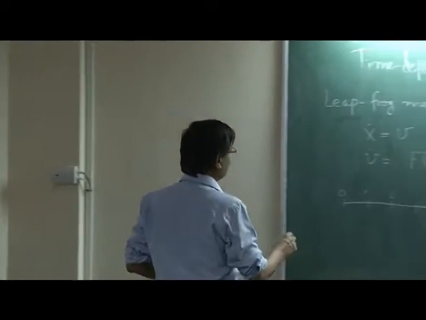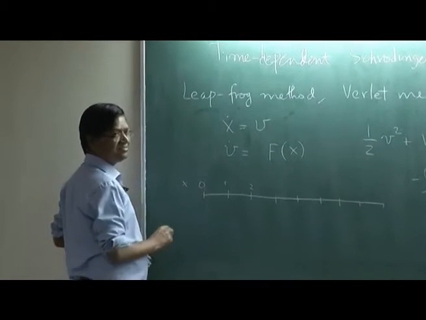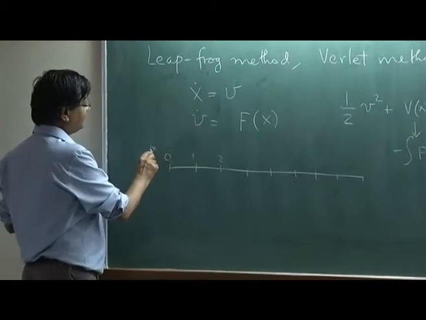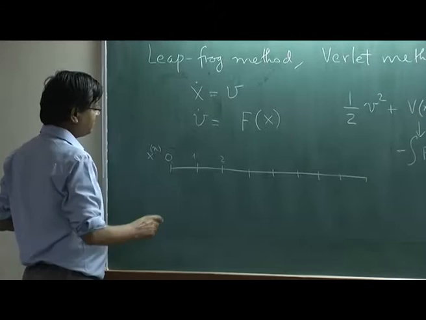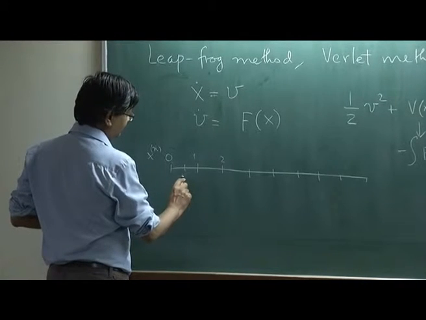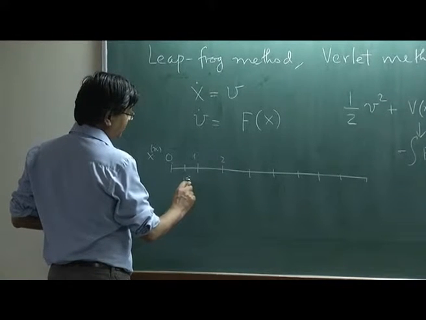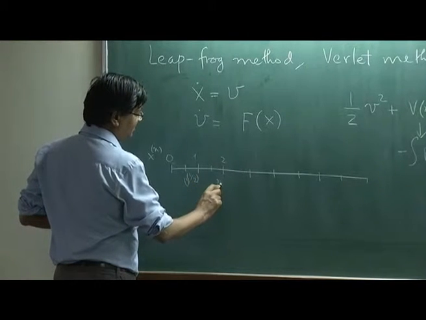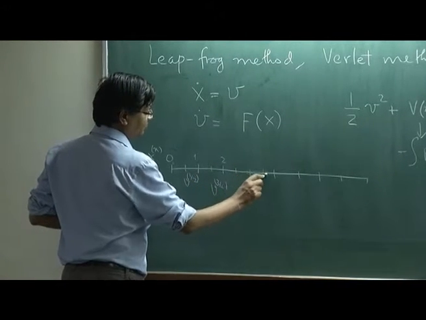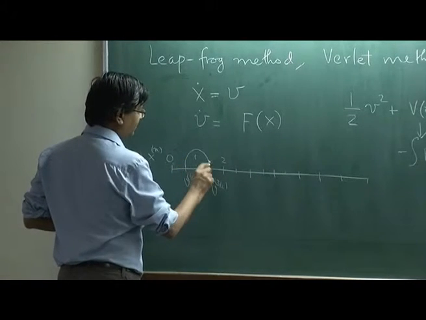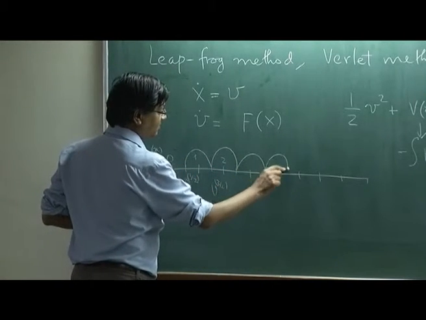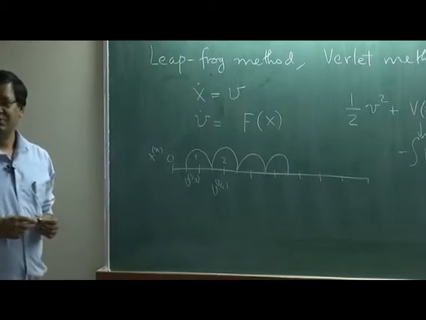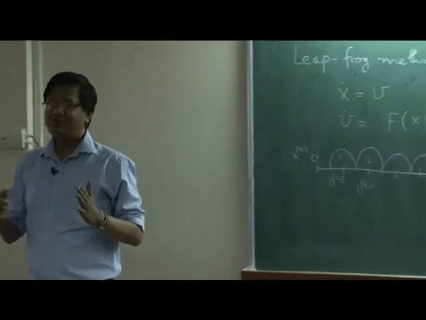So this is where I store x_n, n is the time index, but my velocity is stored at the midpoint. So this will be v_1/2, v_3/2, like this. So velocity is stored here. This is very similar to the staggered grid we did. The staggered grid has an advantage.